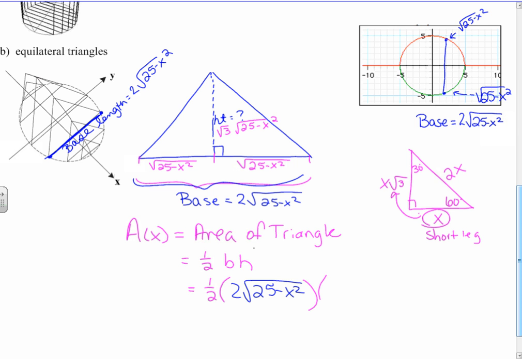And then multiplied by the height, which we calculated to be root 3 times the square root of 25 minus x squared. A few things are going to simplify here. We got the 2's canceling, and then I have root 25 minus x squared times the root again. So I will end up with root 3 times 25 minus x squared. I just got the main key ingredient to get this done.